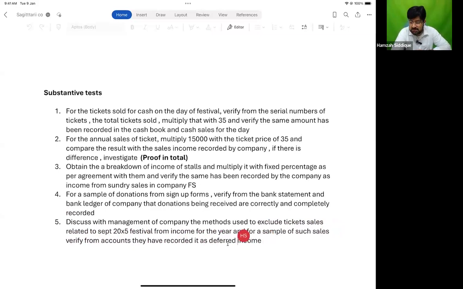You'll ask the management how they're making sure. For a sample of the sales, you will check it.